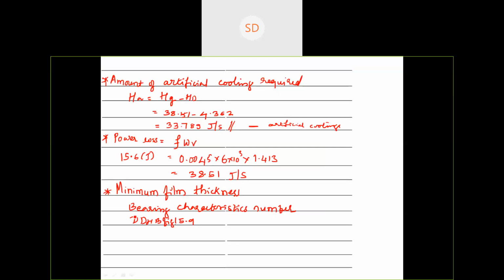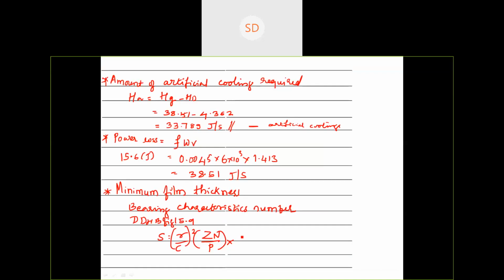I think it is S equal to R by C, whole square, into Z N by P, into 10 to the power of minus 6.